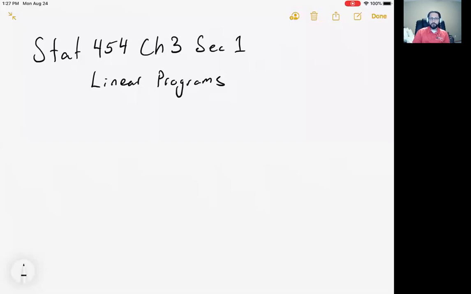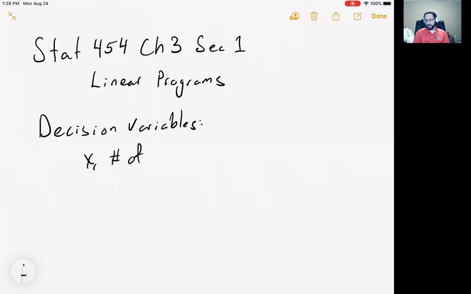As we read through the problem, we should be able to pick out important pieces of information. First, these things called the decision variables. Each one has a particular meaning. X1, the number of acres of corn, and X2, the number of acres of wheat.